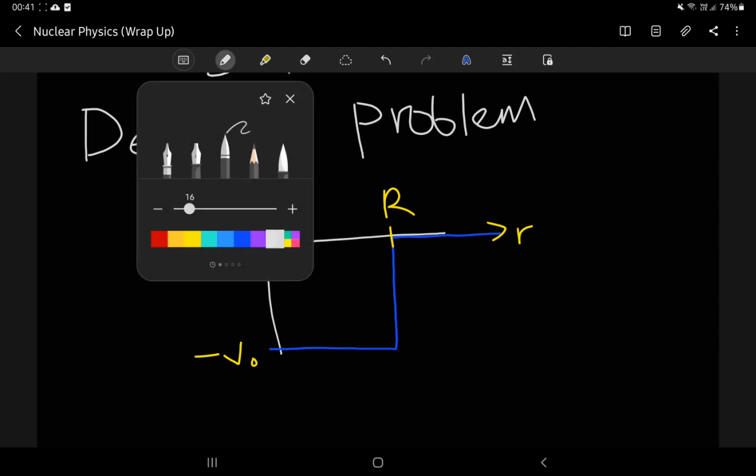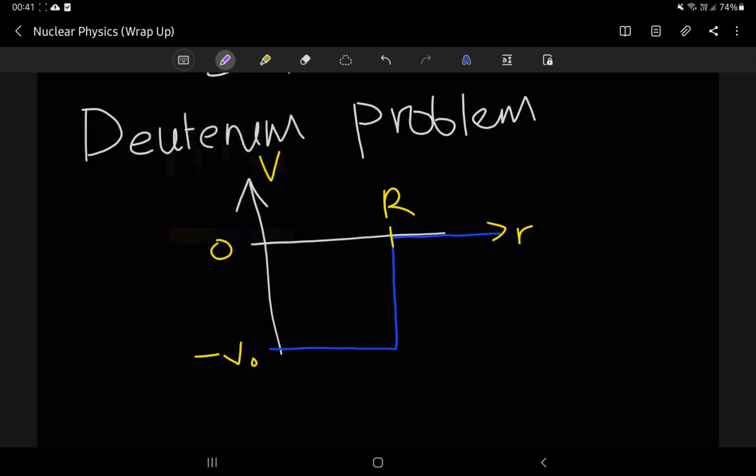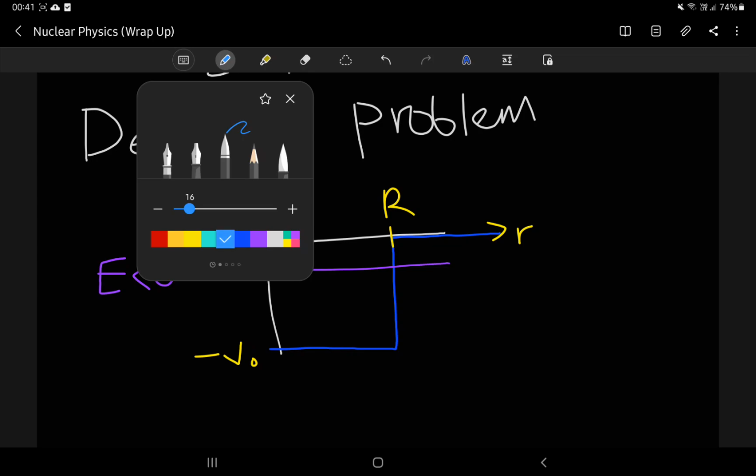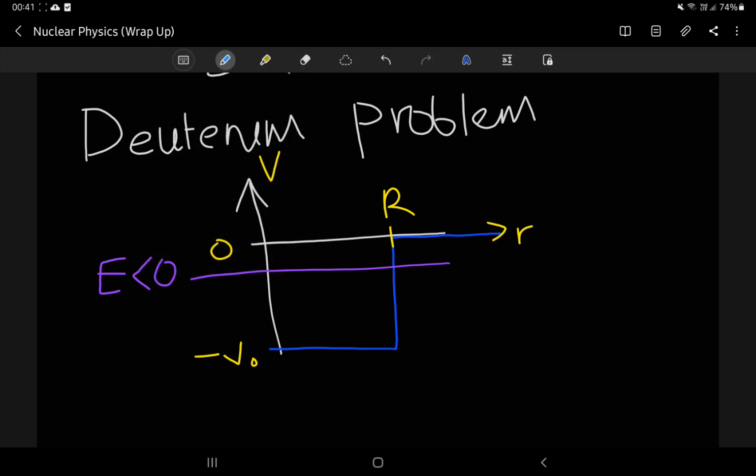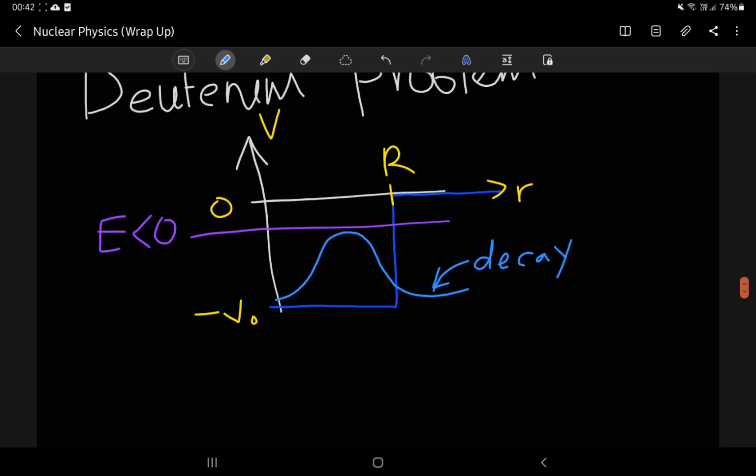So the energy provided is less than the potential. So this is the bound state, E less than 0. So we'll see the particle will oscillate inside the well and will decay outside the well, like that. It will decay here. So it penetrates the barrier basically, because this is quantum mechanics.